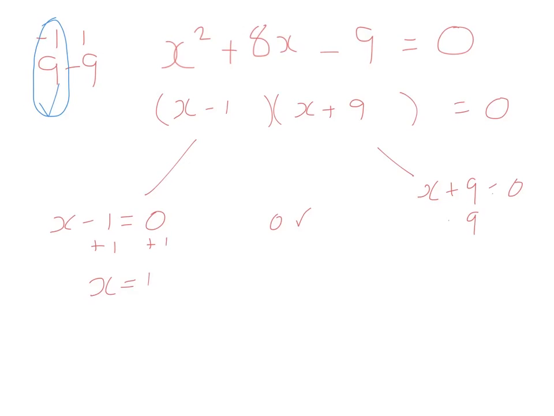I could solve that and get x equals negative 9. These are the two solutions I'd be looking for when I'm solving this quadratic equation. So you factorise it into brackets, you split the brackets up, and you solve the corresponding equations.